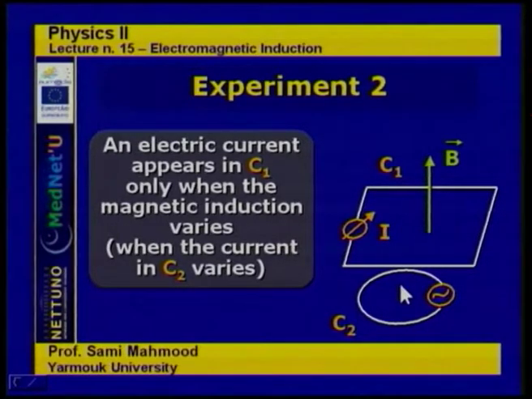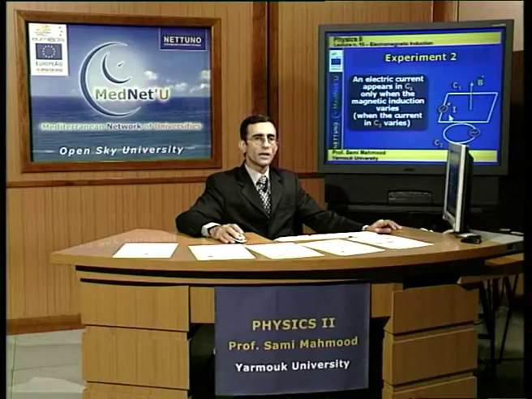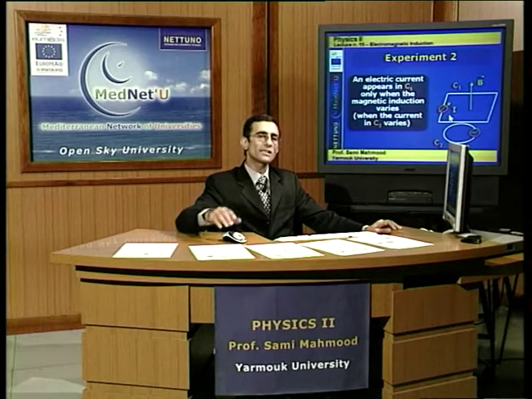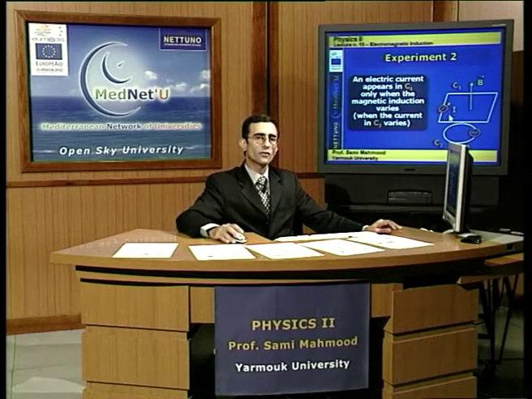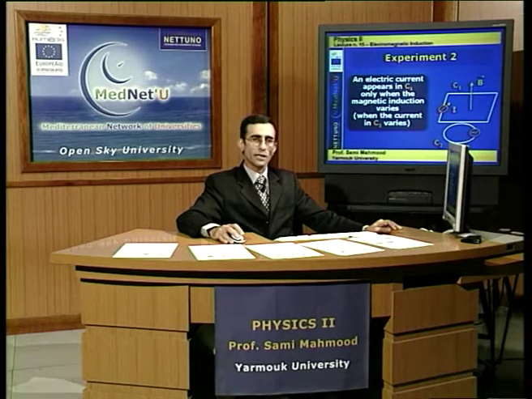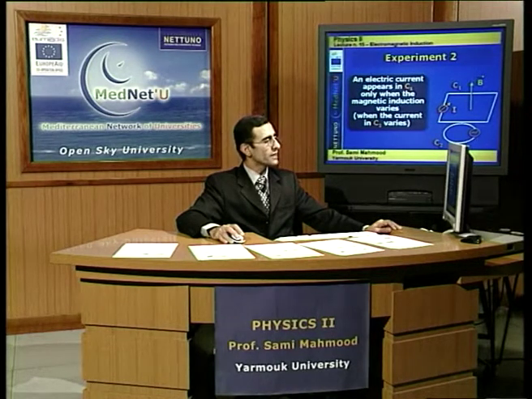And if the current in C2 changes, then this field that crosses the area of C1 will be changing. In that case, we observe an induced current, a current that starts flowing in C1 as a consequence of the changing magnetic flux that crosses this rigid circuit. This is the result of experiment 2, the second experiment.